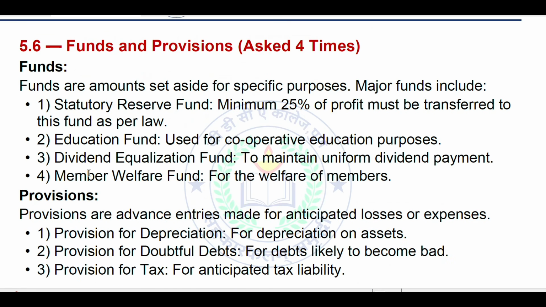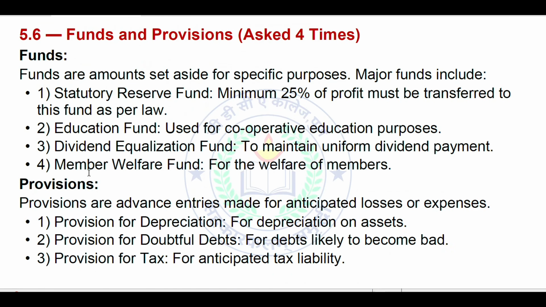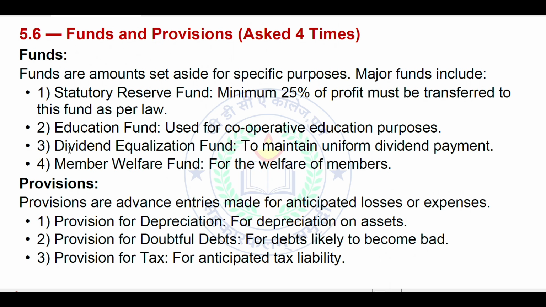Okay. Next, number six, funds and provisions. You can make a table if you want to here, or else you can write one by one, there is no issue. Asked 4 times. This question carries 4 marks each actually. Funds are amounts set aside for a specific purpose.